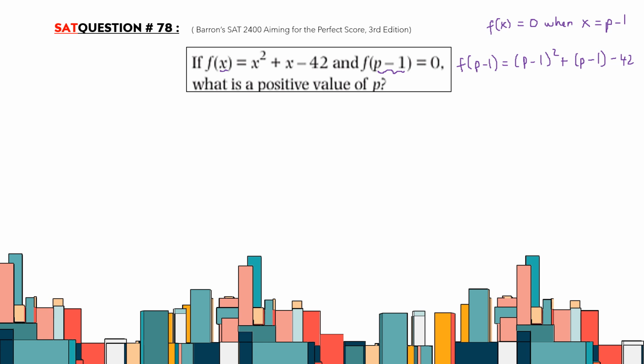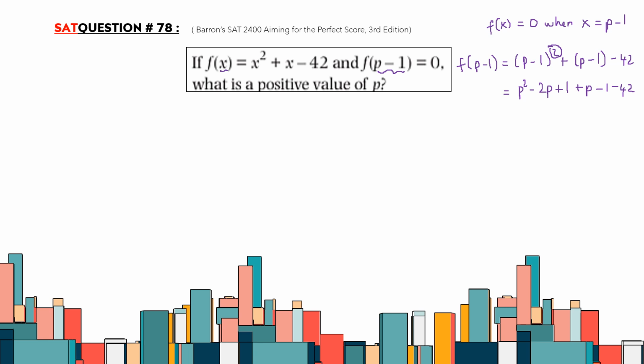Then we see that is a lot of work. If we expand that square, we will have p squared minus 2p plus 1 plus p minus 1 minus 42.